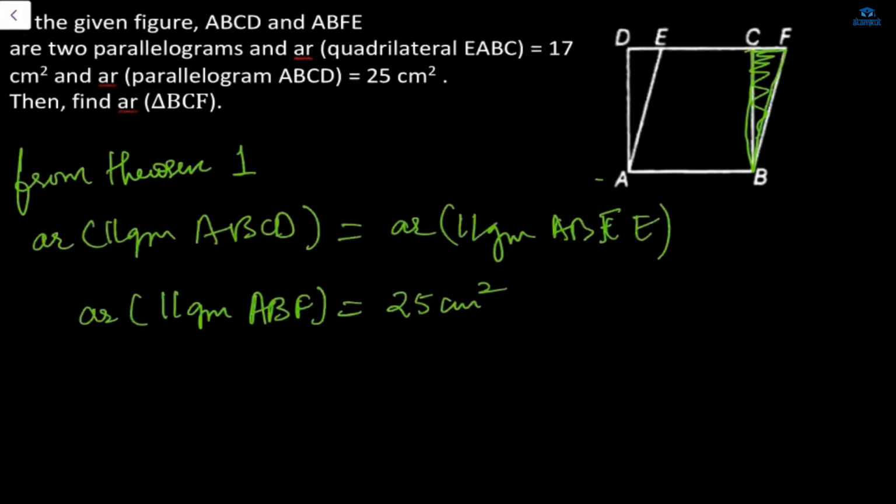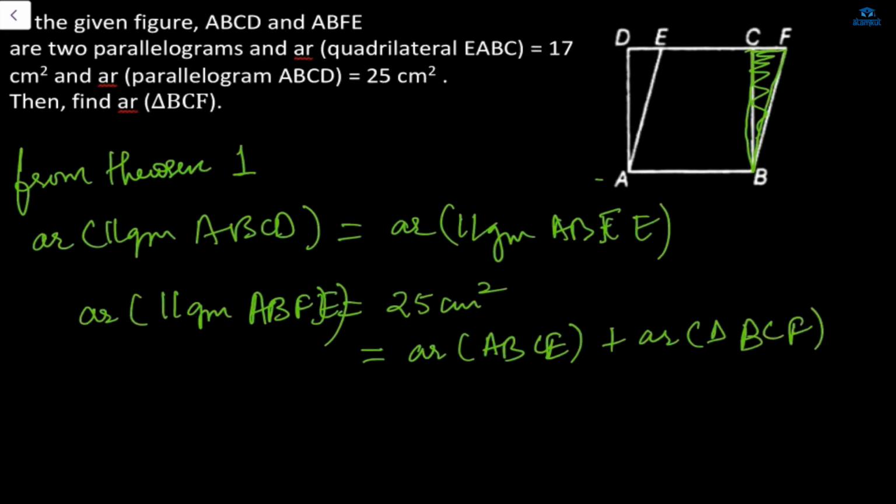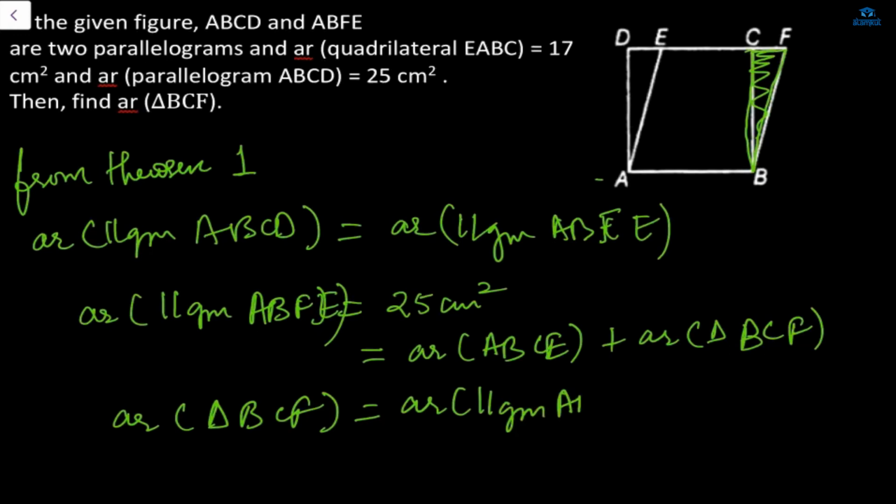Now if you see, the area of parallelogram ABFE is equal to area of trapezium ABCE, yes or no, plus area of triangle BCF. So the area of triangle BCF will be equal to area of parallelogram ABFE minus area of trapezium ABCE.